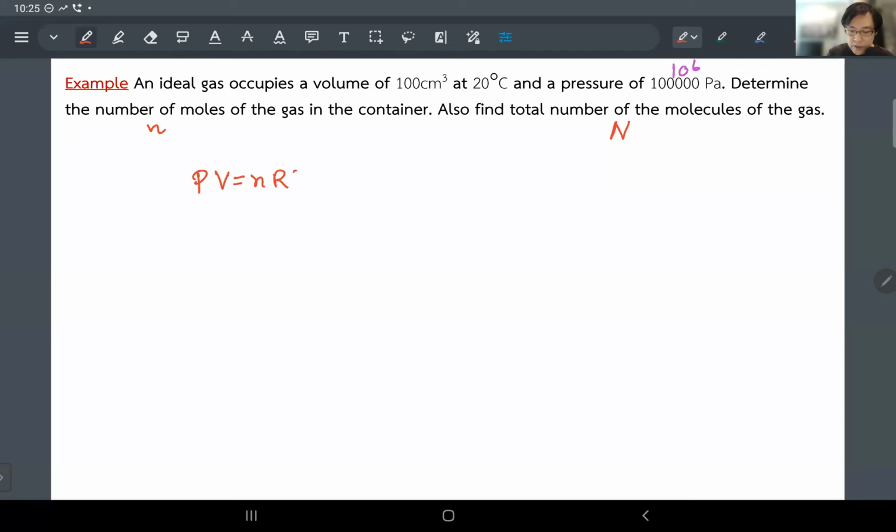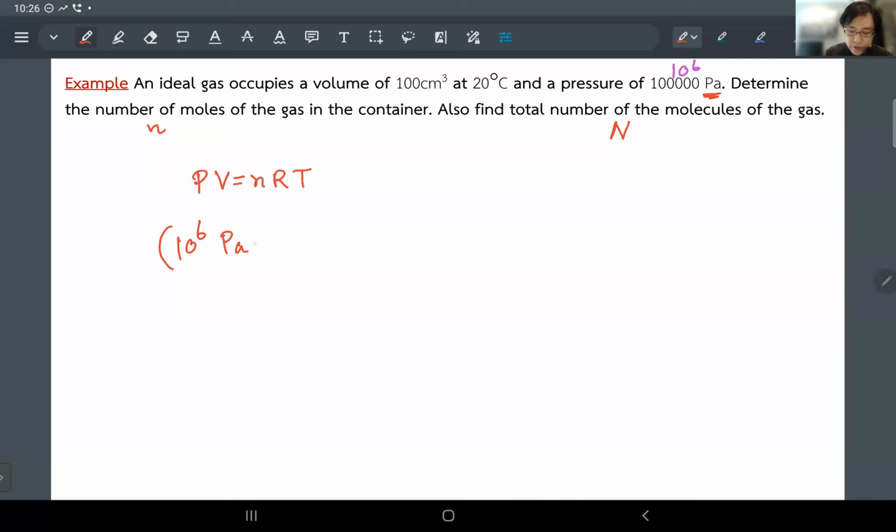If you want a small n, the number of moles, you use PV equals nRT. The annoying part of this problem is just the units, which are all over the place. The pressure first. The pressure is 10 to the 6. Good, it's in Pascal, which is the SI unit for pressure, so that is perfect.